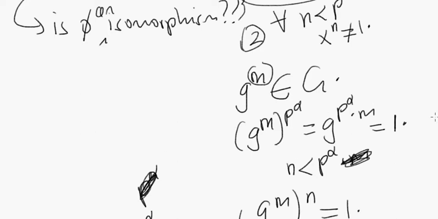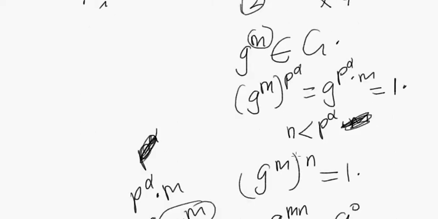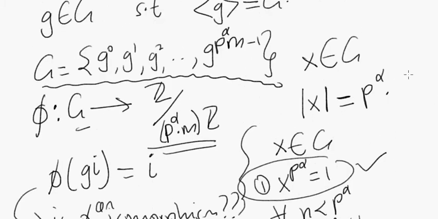Now, if n is always less than p to the alpha, then mn is going to be, can't we say that mn is going to be one of these powers, either 0, 1, 2, actually, could it even be 0? Well, when we talk of order, we talk of positive powers, right?